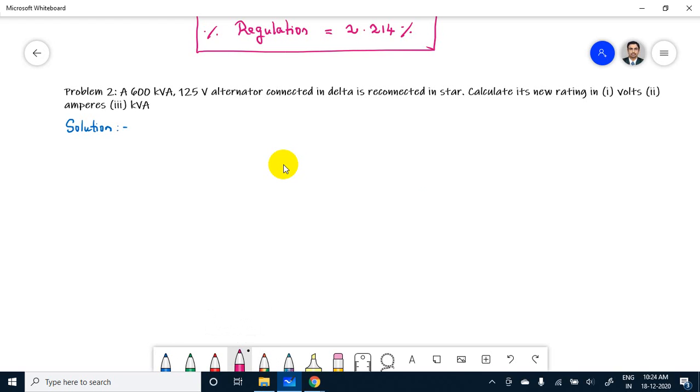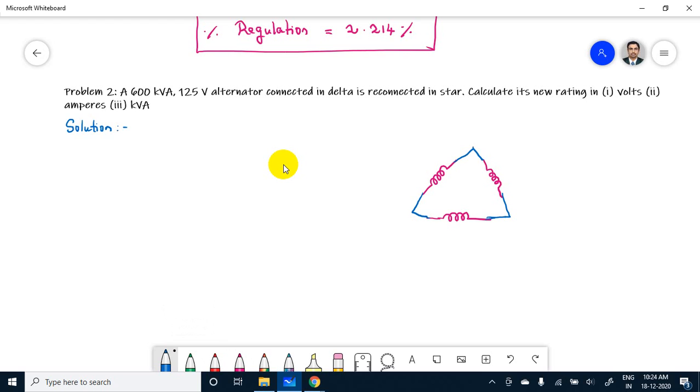There are 3 windings, and these windings will be connected in delta connection.